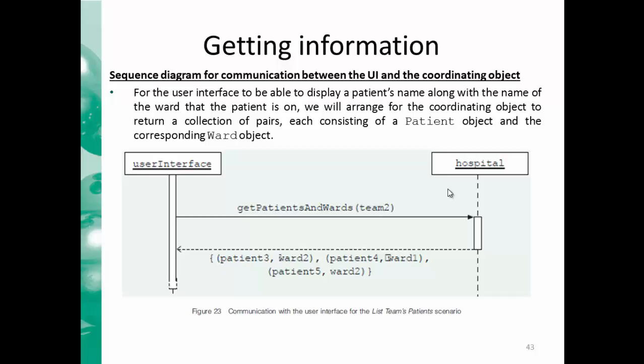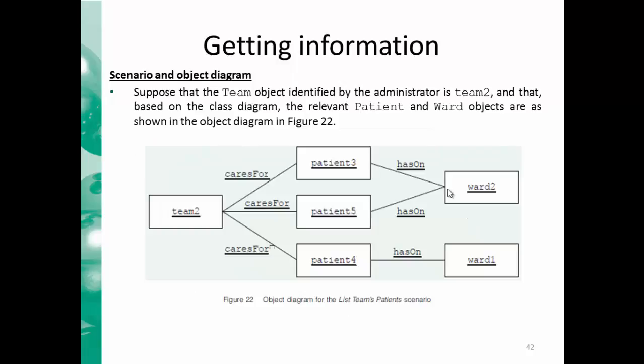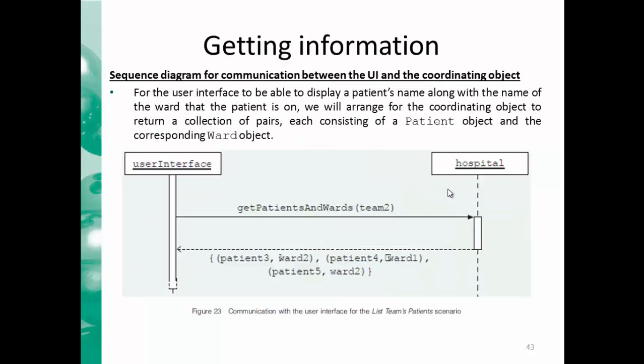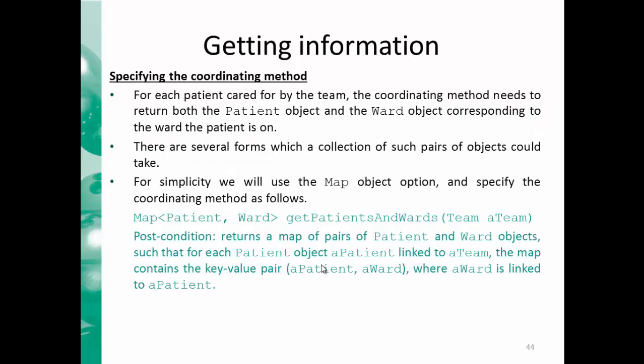We want a result. A result will be pairs of patients and wards according to our object diagram. Patient 3 will be in ward 2, patient 5 will be in ward 2, patient 4 will be in ward 1, and that's what we get as a result from calling the method getPatientAndWards that takes team 2 as a parameter. Again, we repeat the same thing.